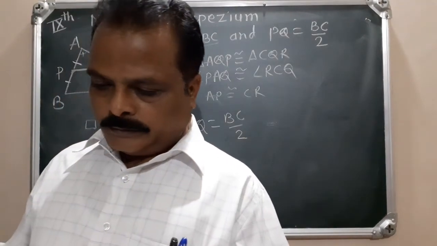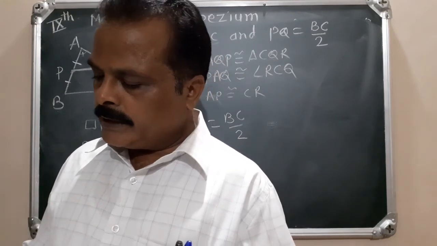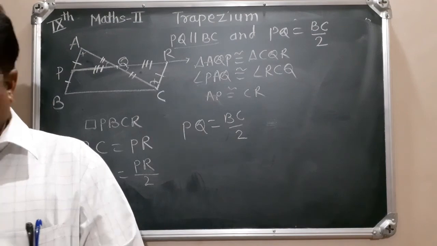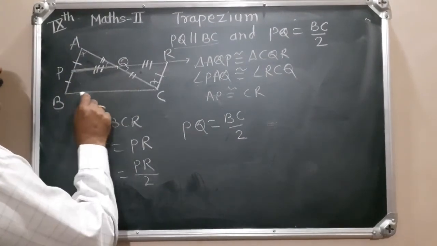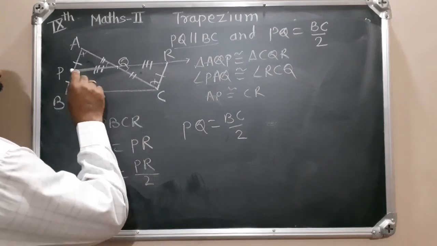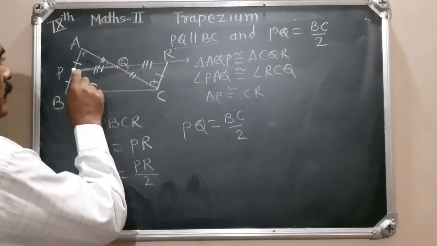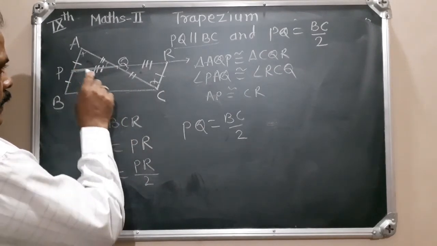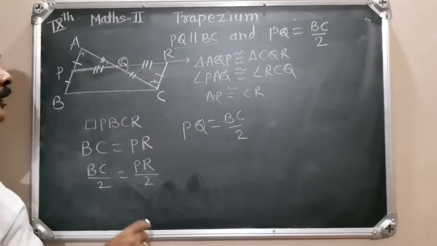Depending on this theorem, there is practice set 5.5. That means if this segment is parallel to this side and P is the midpoint of this side and Q is the midpoint of this side, then this is parallel to this. If this is parallel to this and this is a midpoint, then this is also the midpoint of this side.